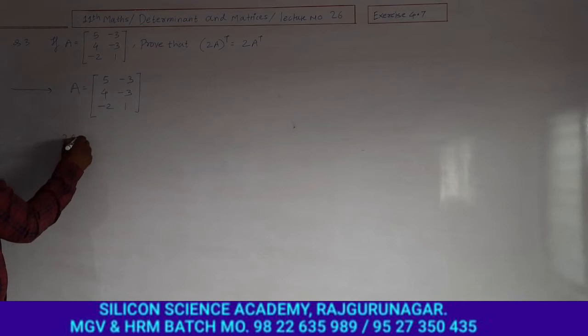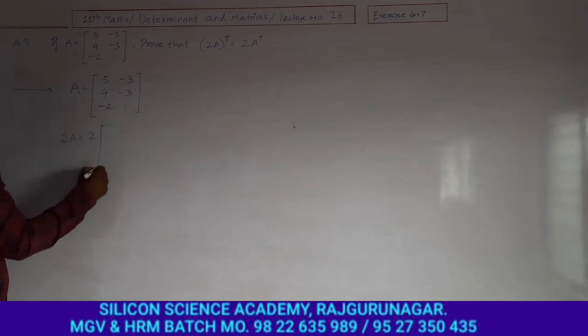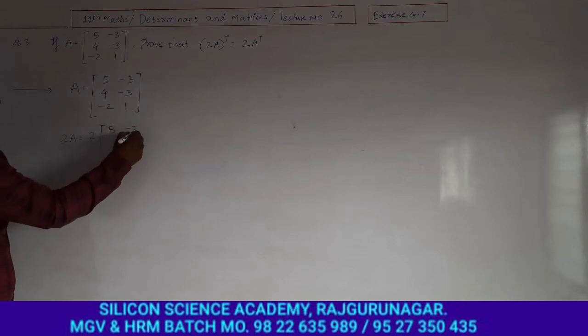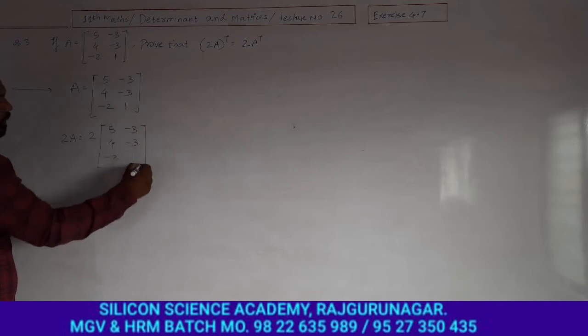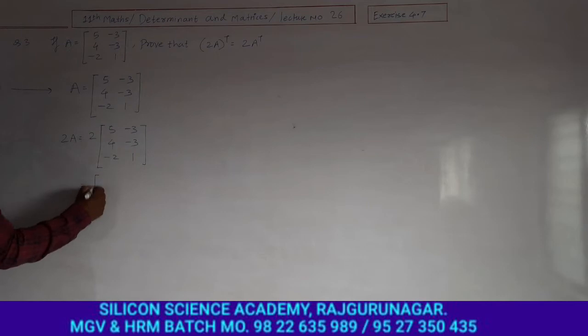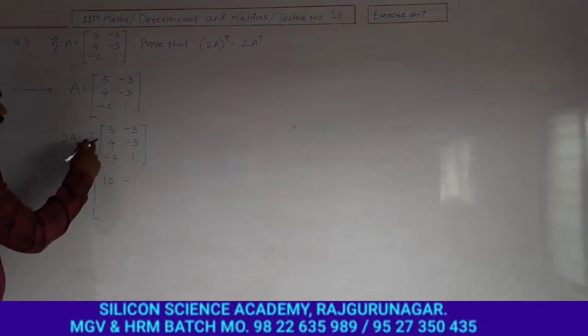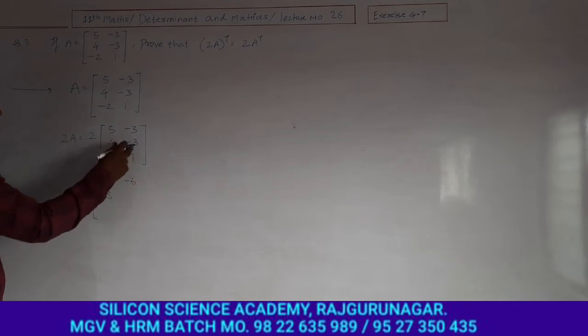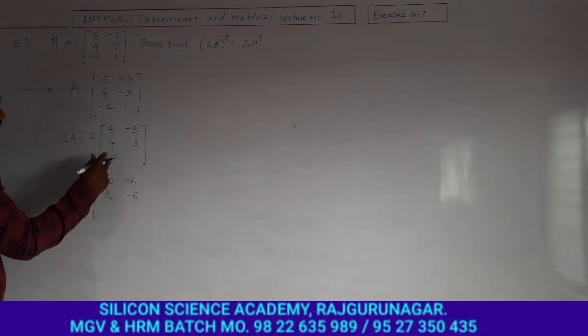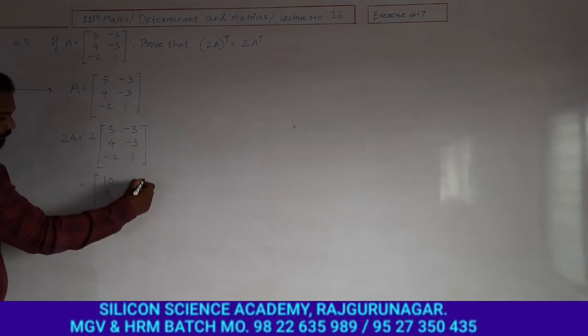That is 2a is equal to 2 times 5 minus 3, 4 minus 3 minus 2, 1. Right? Multiply with 2. 5 दुने 10, 3 दुने 6, 4 दुने 8, 2 दुने 4.